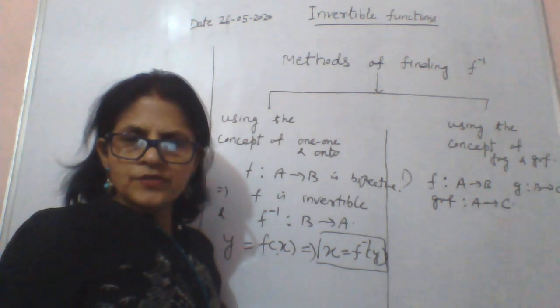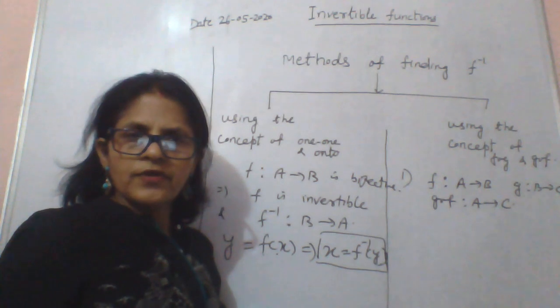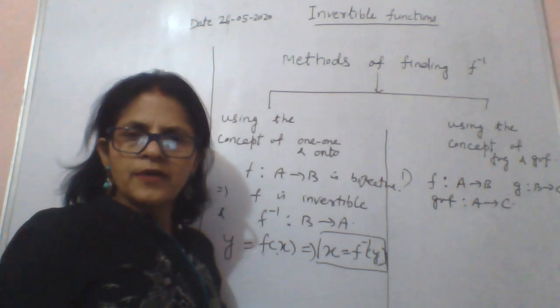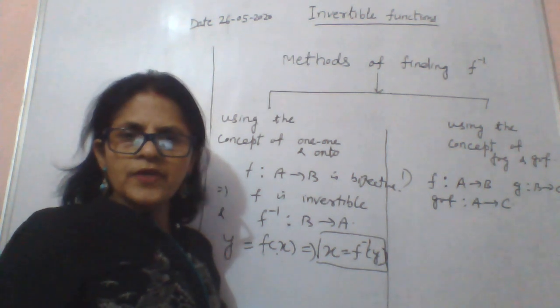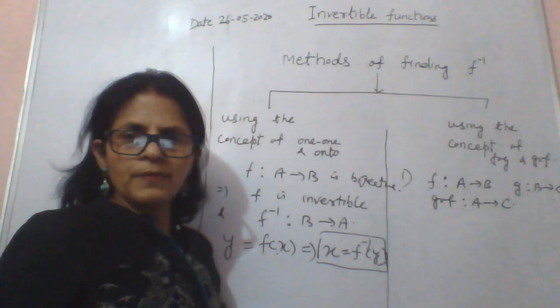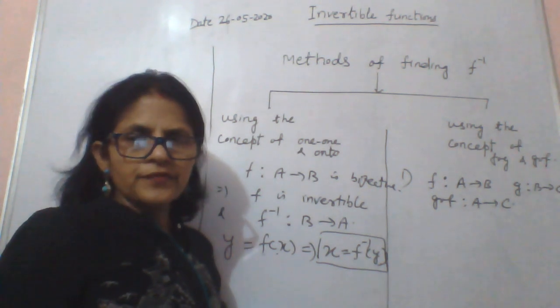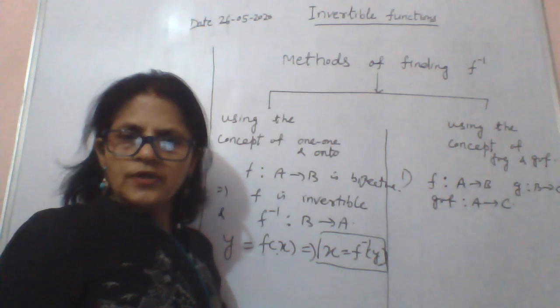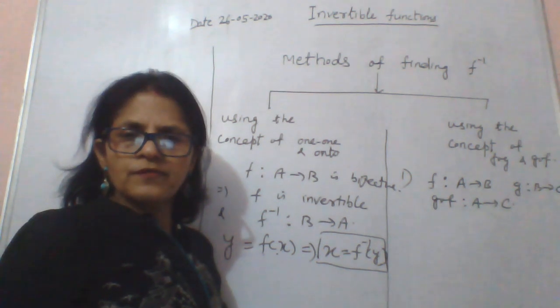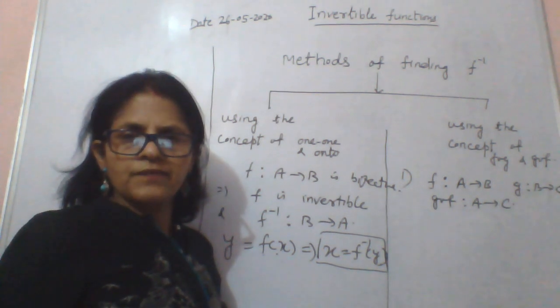It means in general what we can conclude is, if f and g are bijective functions, their composition will also be bijective, right? So the condition for an invertible function will be that the function should be bijective. That is for sure, any method you use.